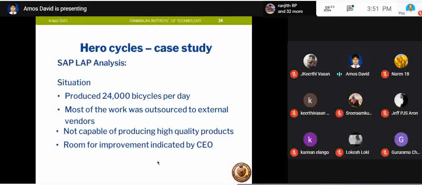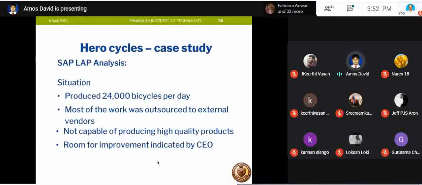Most of the work, like welding of the frame or the fork of the bicycle, or the seat, or the spring below the seat. You remember there'll be a spring below the seat in Hero Cycle, for suspension. When the bike goes into any kind of ditch, it will vibrate. There'll be a spring below the seat. Got it? So all those things, most of the work was outsourced.